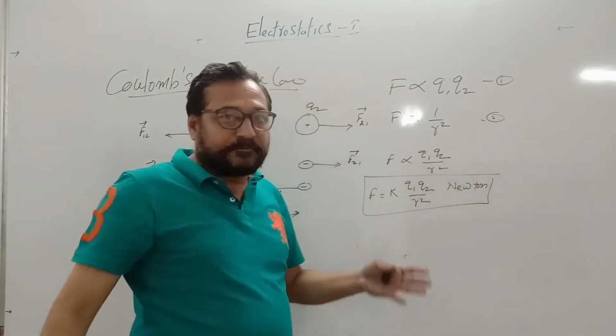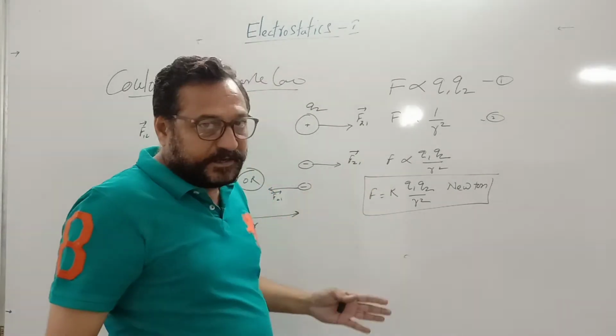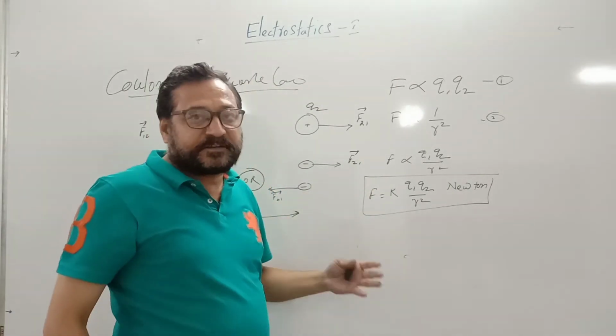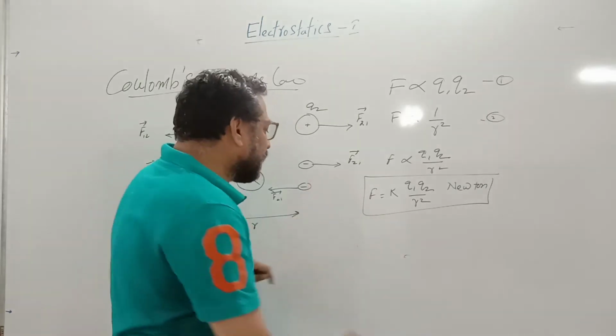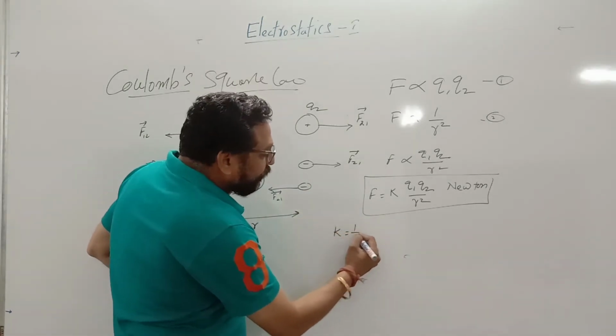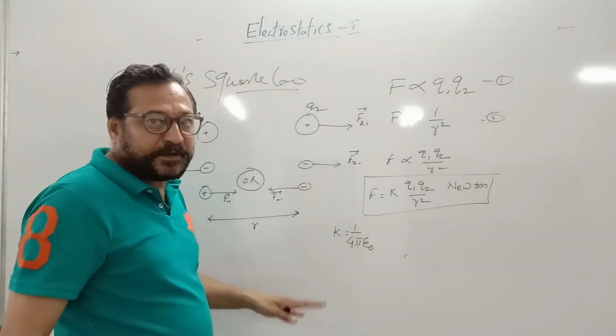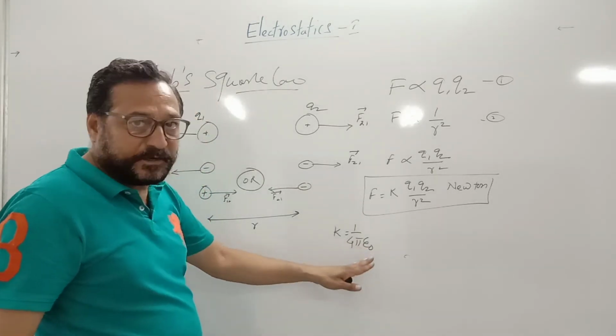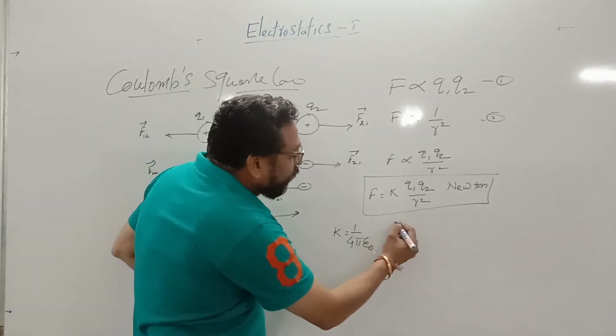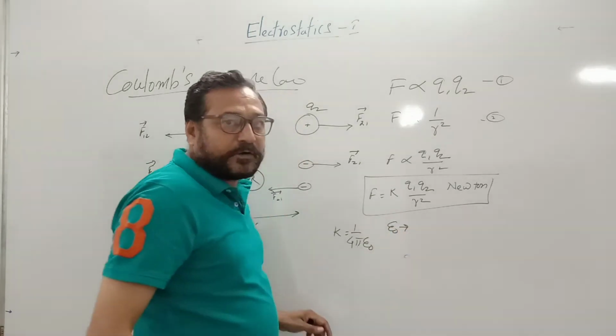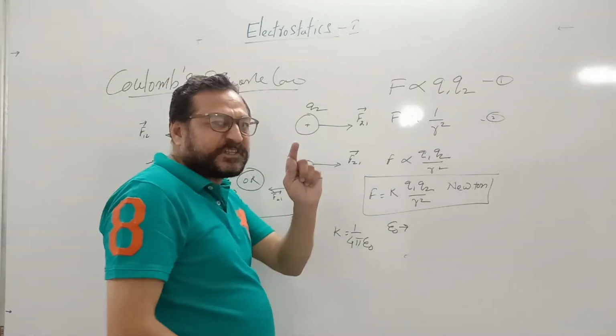But what is K? K is very important. It is the electrostatic constant, and K is 1 upon 4 pi epsilon naught, where epsilon naught is called the permittivity of free space.